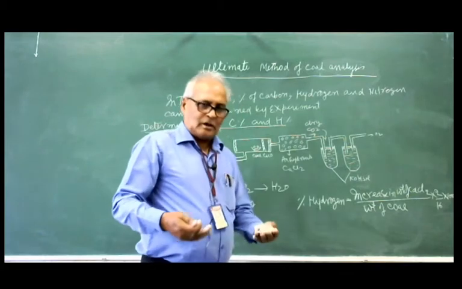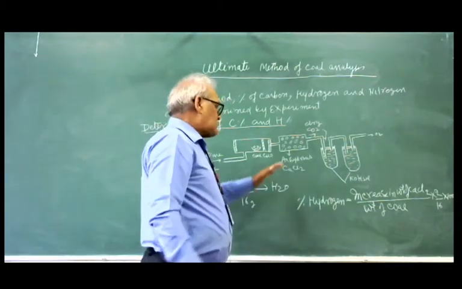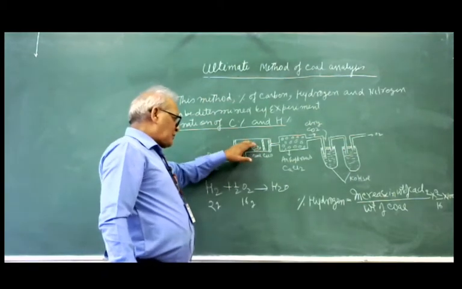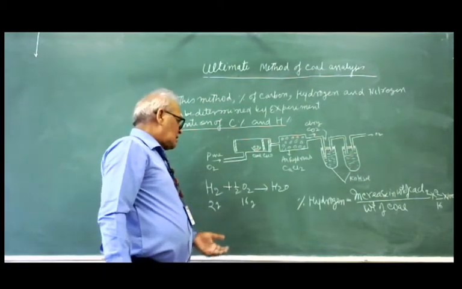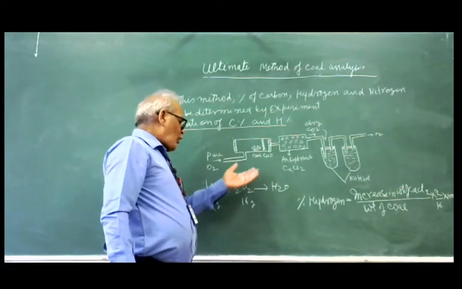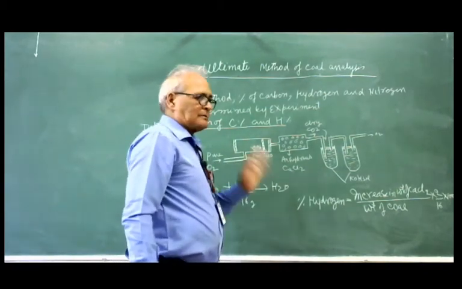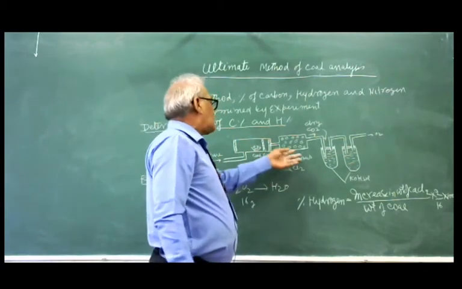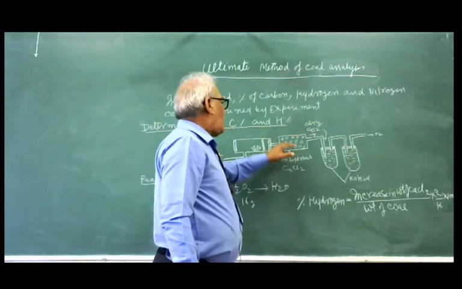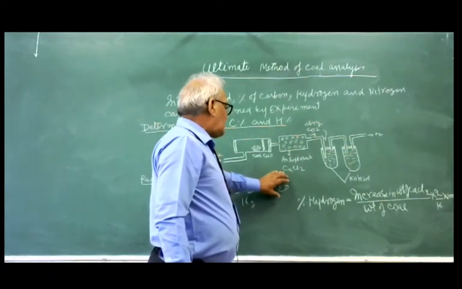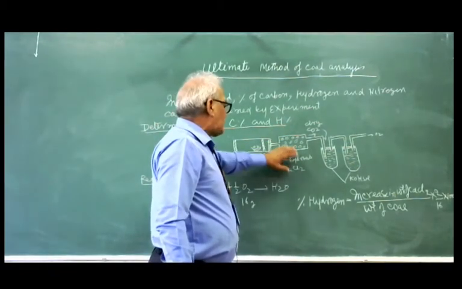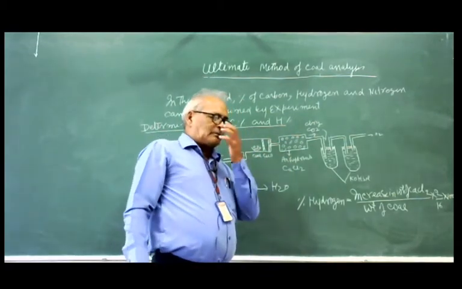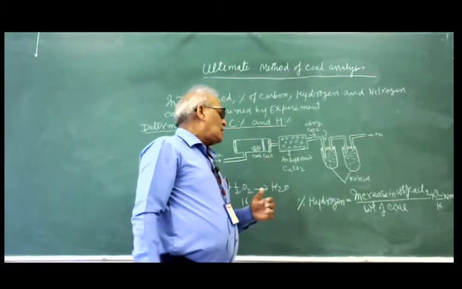So what we have done, first of all, take the known mass of the coal, put it in the furnace, burn it. H2O and carbon dioxide will be formed. The H2O and carbon dioxide mixture passes into anhydrous calcium chloride. H2O means steam is absorbed by the anhydrous calcium chloride, and the weight of the calcium chloride is increased.